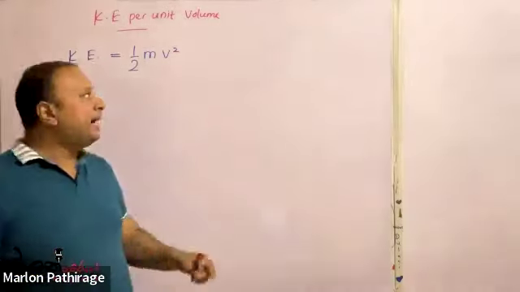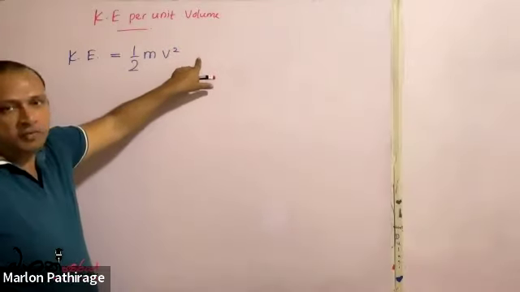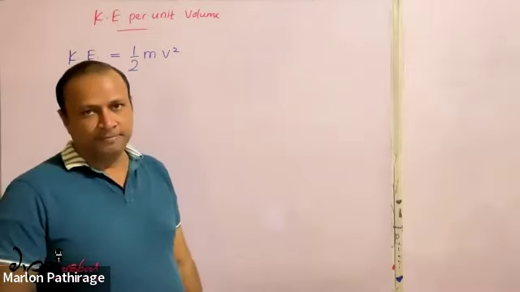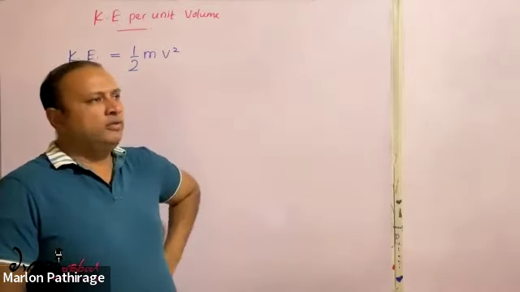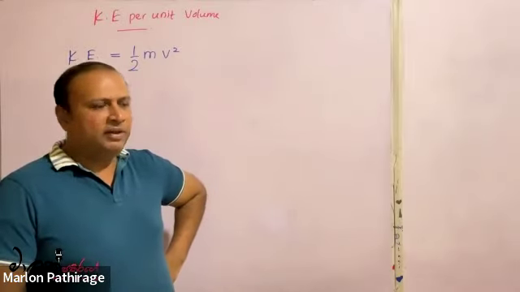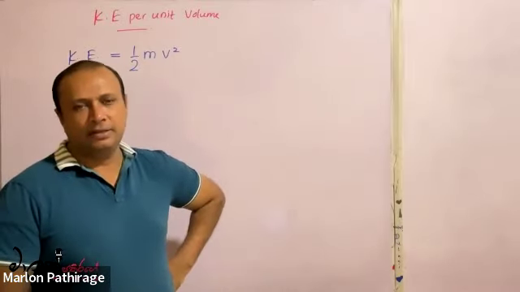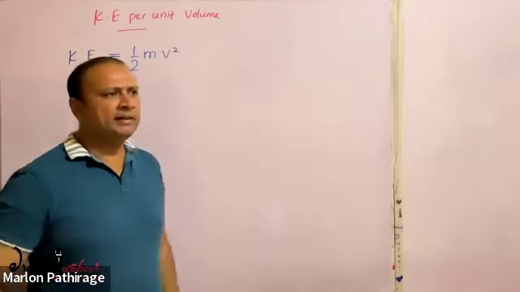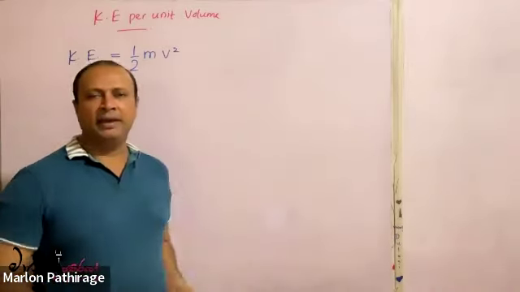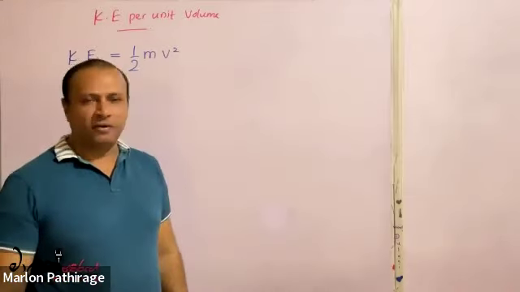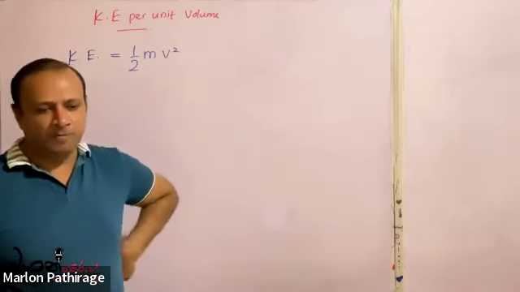Kinetic energy per unit volume means, if we consider a fluid, we cannot define a particular mass, because we cannot get a specific value of mass for a fluid flow.